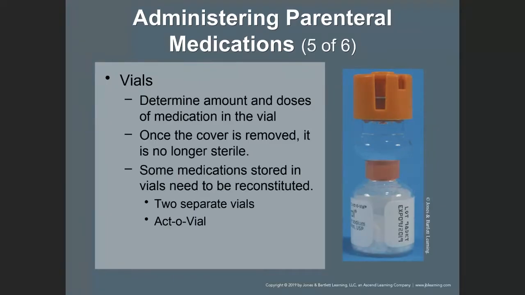Once the cover is removed, it is no longer sterile. Some medications stored in vials need to be reconstituted, in 2 separate vials. An example would be an Act-O-Vial, and all it is saying is that the vial has fluid and powder which need to be mixed before the medication is given.